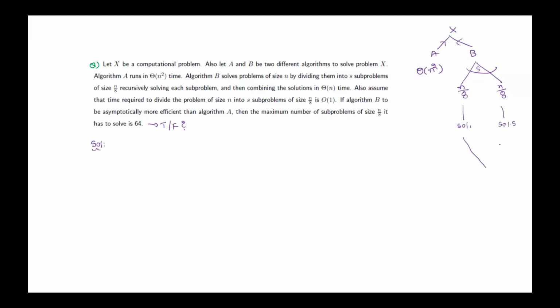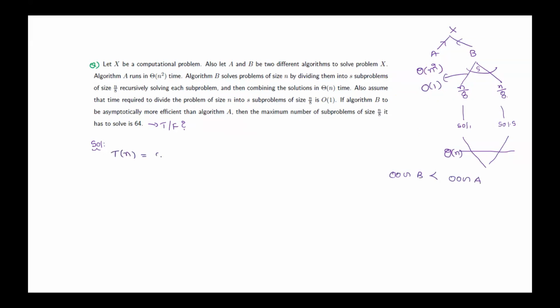Combining the solutions, how much time does it take? Combining the solutions takes theta of n time. The dividing step, they have clearly given, takes constant order of 1 time. Again, as usual, the order of growth of B should be less, because better means order of growth should be less. What is the recurrence here?